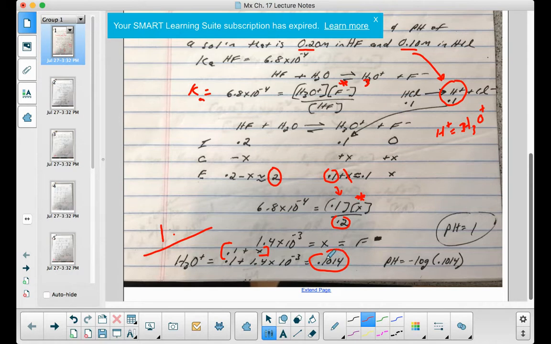So if I take my pH formula, pH is equal to the negative log of 0.1014, and I get a pH of roughly 1, which I would have gotten if I just used that 0.1 from my HCl. But like I said, you'd have to watch for significant figures, because you really would need to show 4 sig figs in your pH.